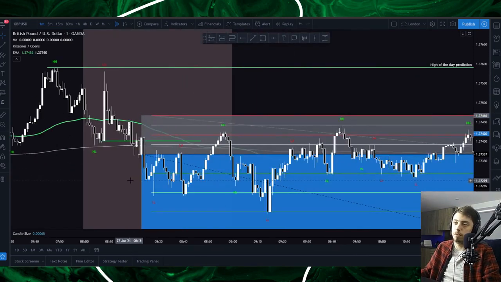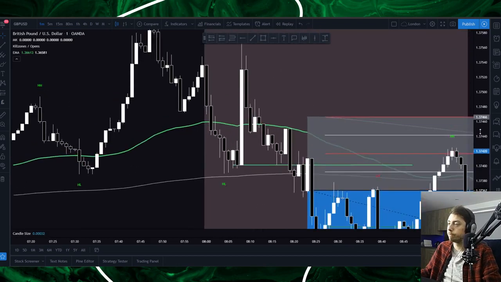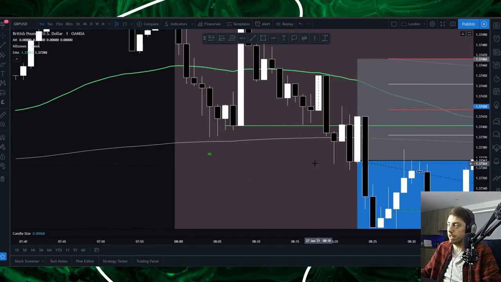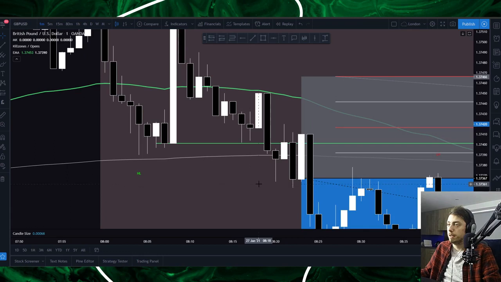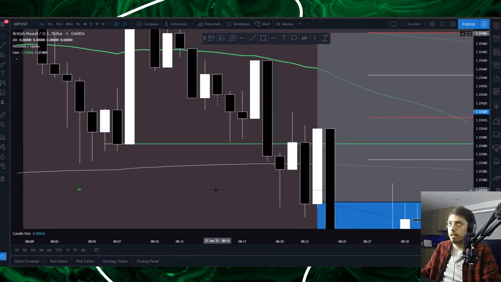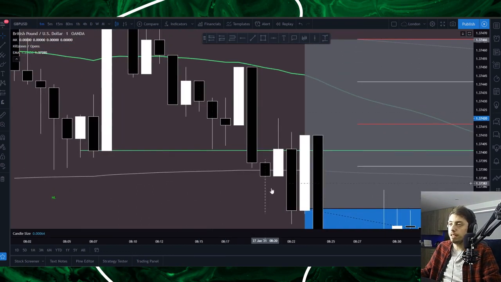Now if we just zoom in here a little bit, there's some more details in here that I want to go over. So when we get this break, this candle breaks it and we close below. This candle cannot touch this line. Okay, we need at least one candle to not touch this line and move away.